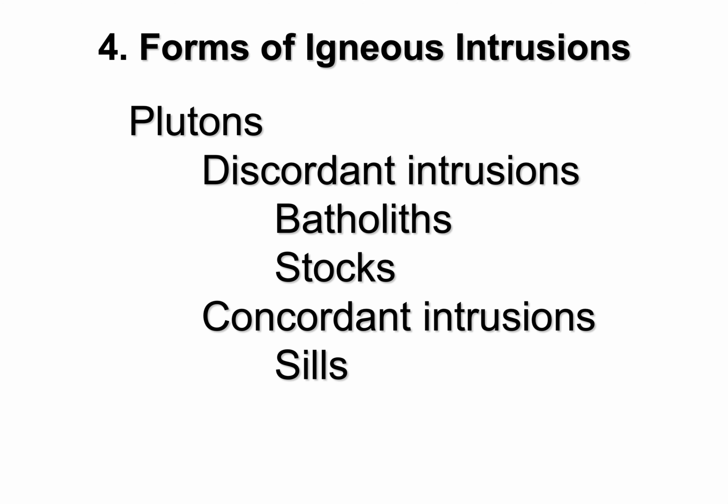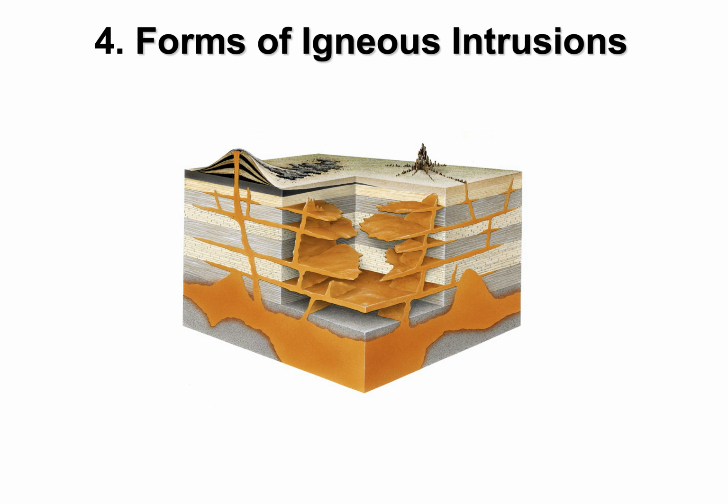And concordant intrusions are sills, dikes, and veins. Here we have a nice picture, and on this picture we can figure out where these different intrusions, which I have just told you about, are located on this diagram.